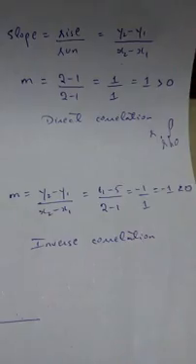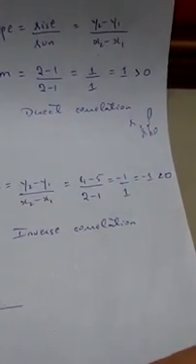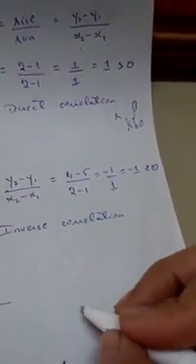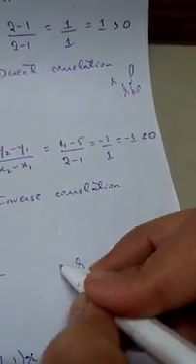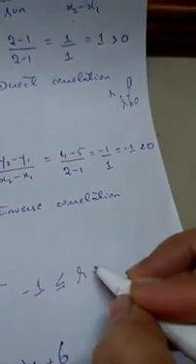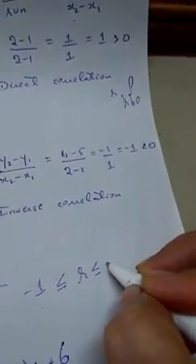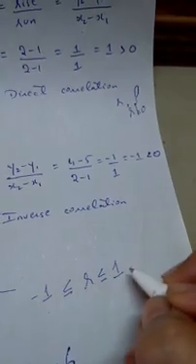Okay, and as I told you already, if you are dealing with sample data, then it is represented by r, and the value of your r lies within the range from -1 to +1.